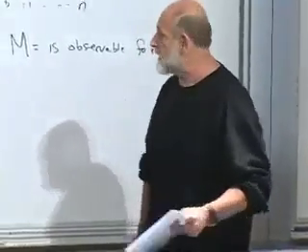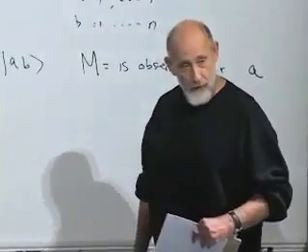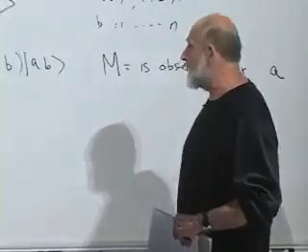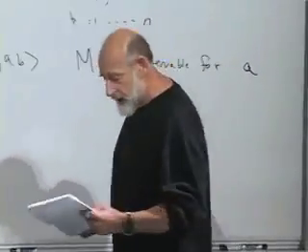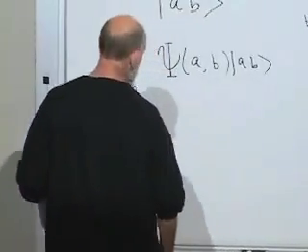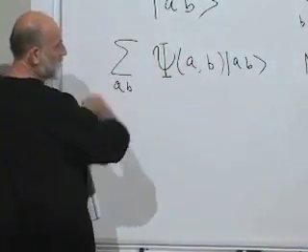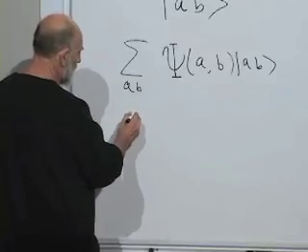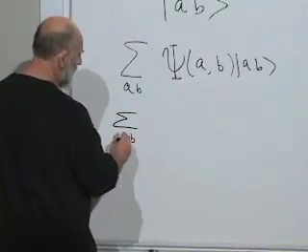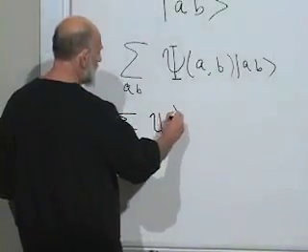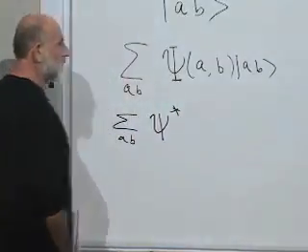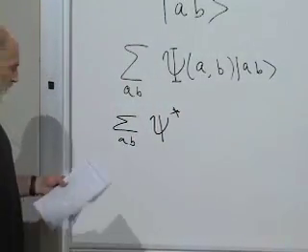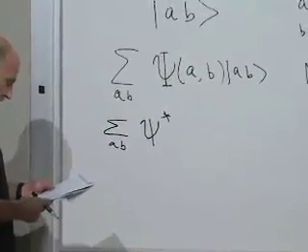And let's calculate the expectation value of it in the state for the combined system. So what do we have to do? First of all, we have to take the bra vector associated with this. Let's rewrite it as the bra vector. Sum over A and B, psi star, well, we're going to need two sets of variables, primed variables and unprimed variables.